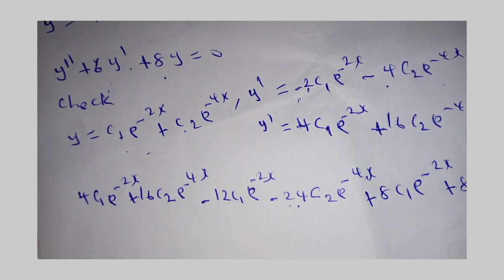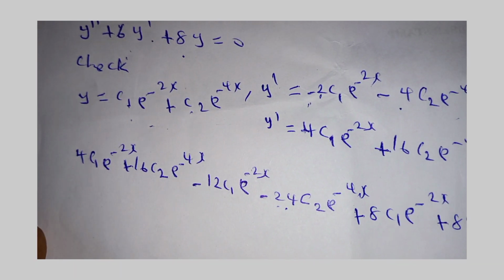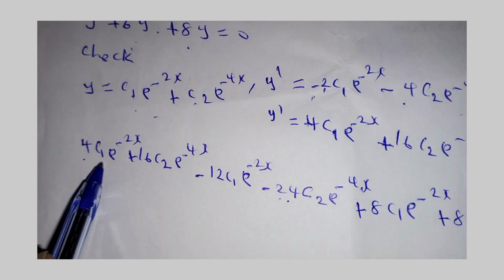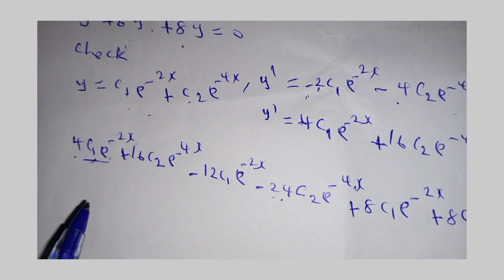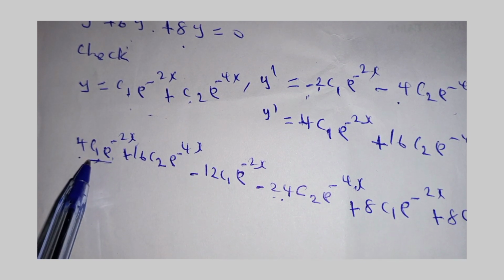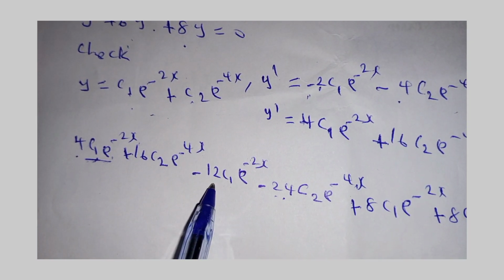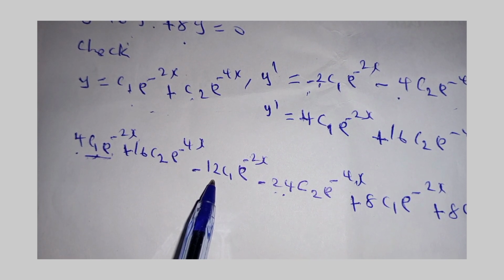So we group like terms together, and then after grouping, we simplify. Let's do that. You have 4c1 exponential negative 2x, and the other one is the same, so you have 4. Then also you have negative 12. 4 minus 12 will give you negative 8.